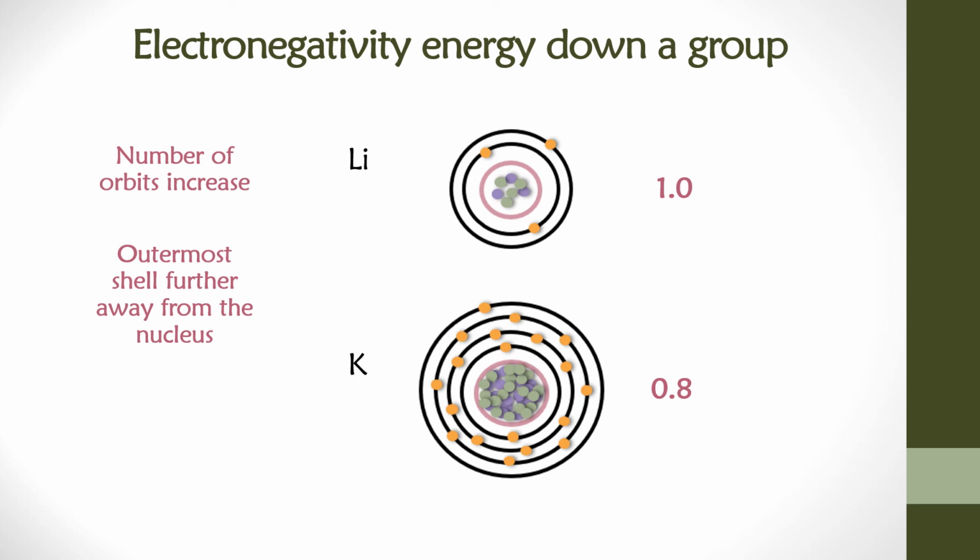Then how will they have the attraction to pull an electron from any other atom? It's kind of like people living in the same room who are not even friends with each other. How are they going to be friends with people that are not living in their room? So because of that lack of attraction, the electronegativity is going to decrease as we go down the group.